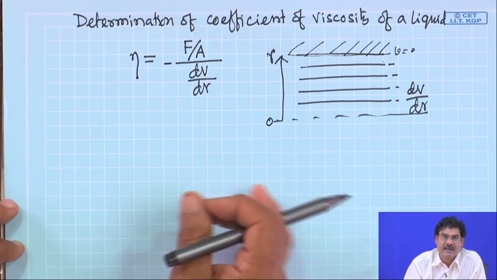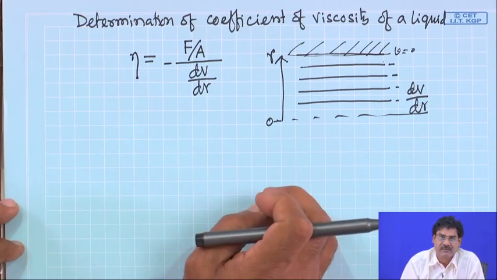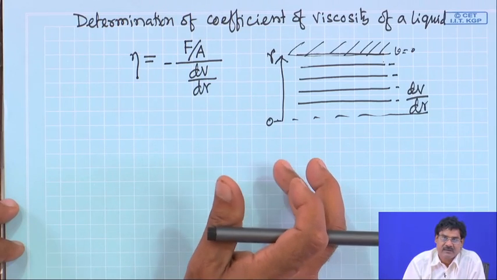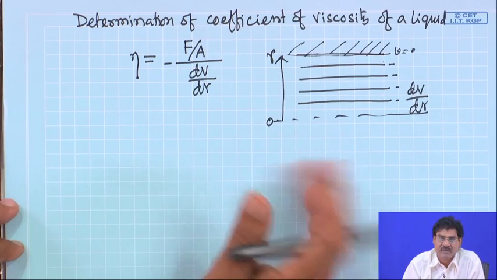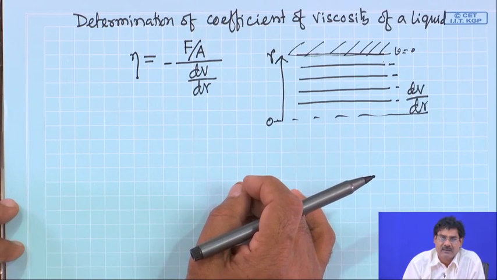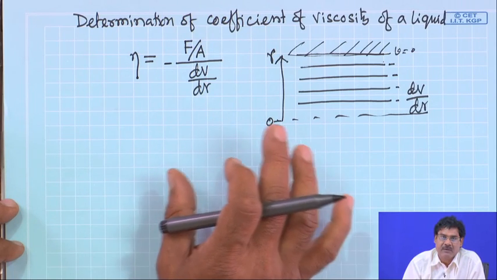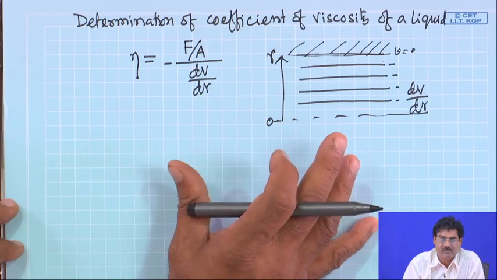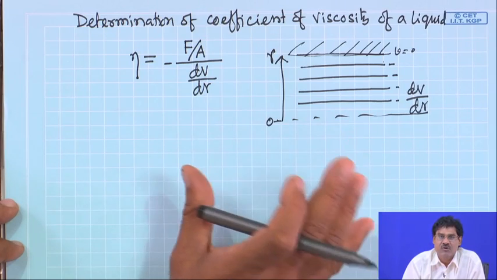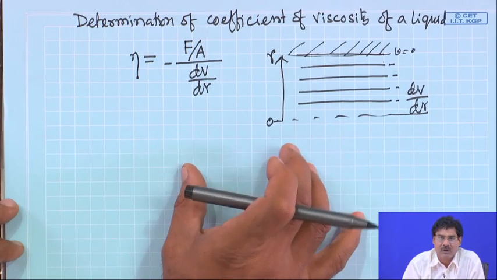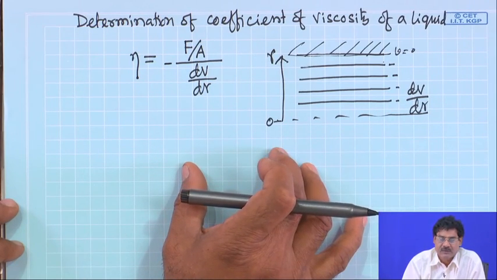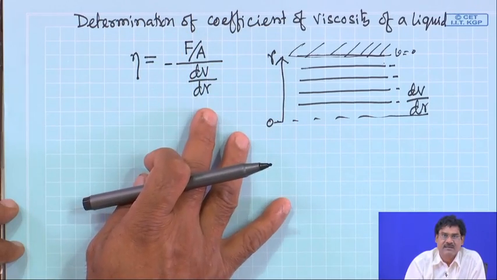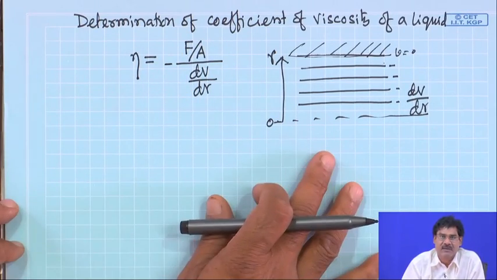Whenever you want to measure a parameter which represents the property of a material, you have to take a particular geometry, and for that geometry you need a working formula. Okay. So, it is the definition, it is not the working formula for the experiment.